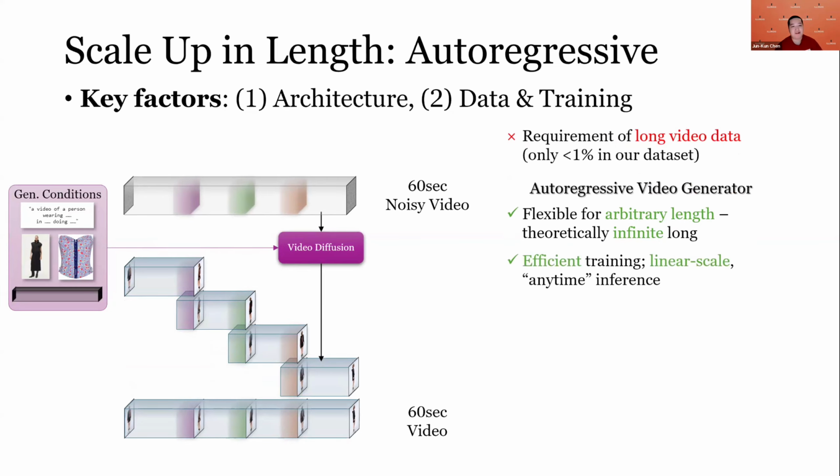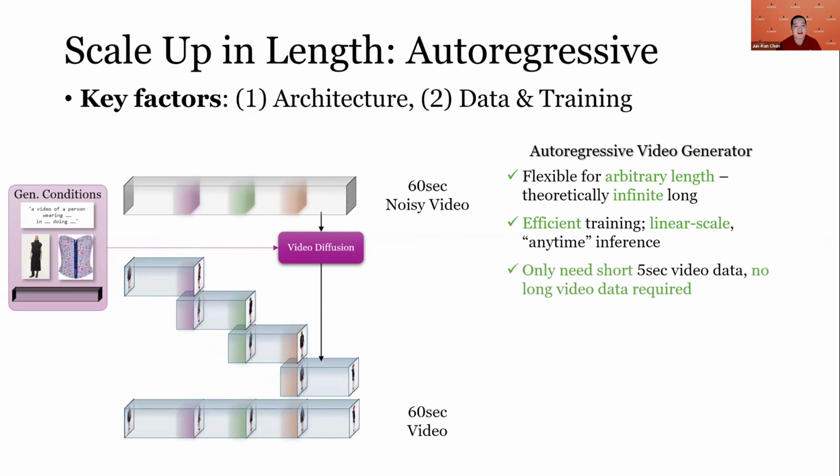Second, it enables efficient training because the generation time just grows linearly with the length of the video. Third, it only needs short 5-second video data because at each step we just consider a short clip. So we don't need any actual long video data.